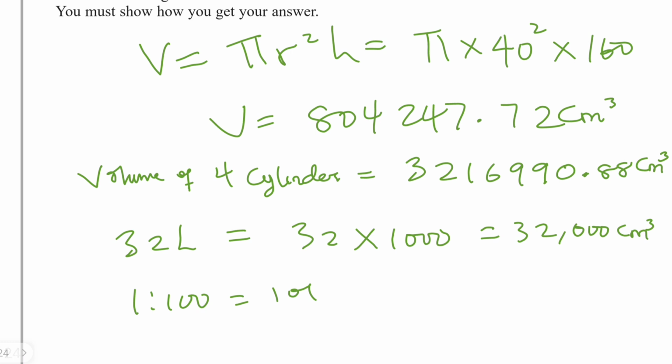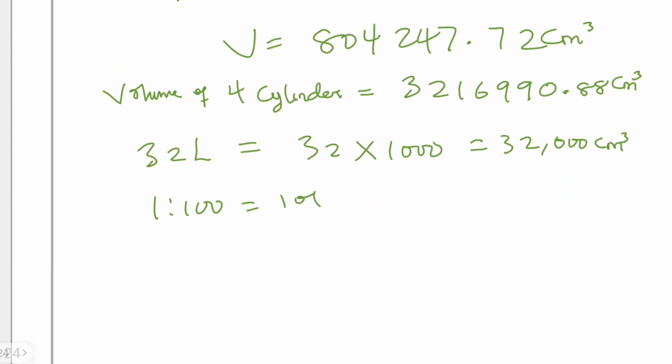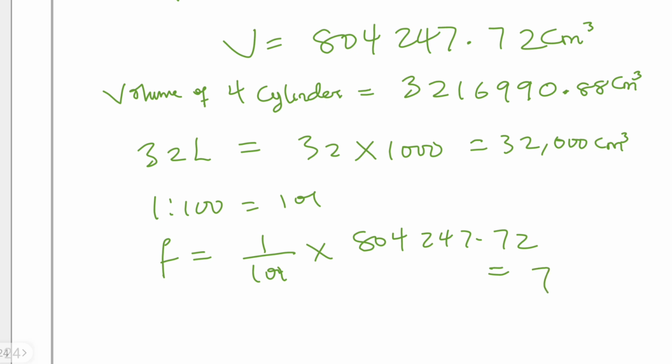So the amount of fertilizer is going to be 1 over 101 times the volume, which is 804,247.72, and that equals 7962.85.